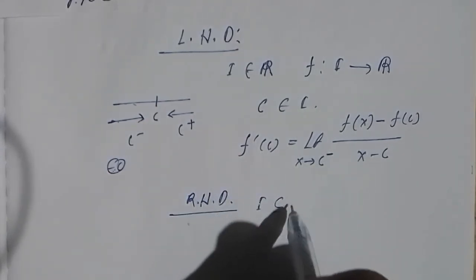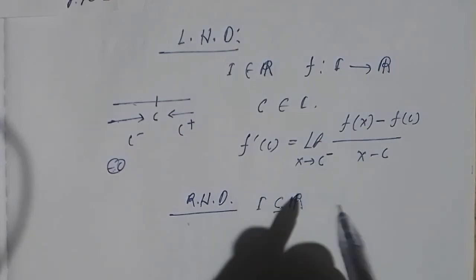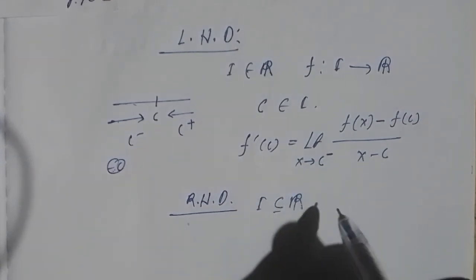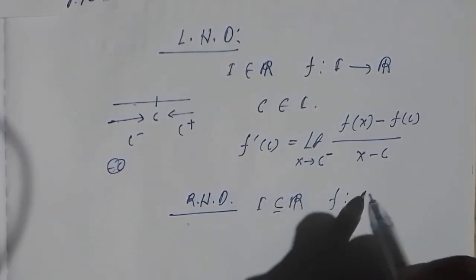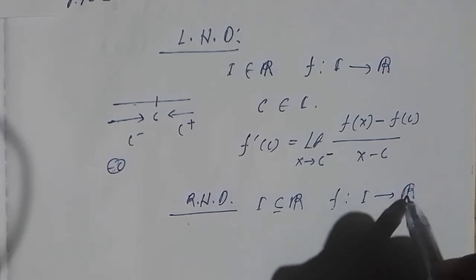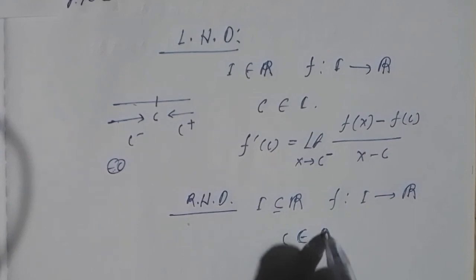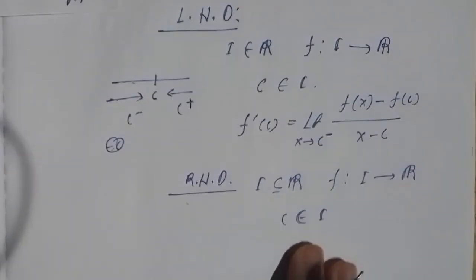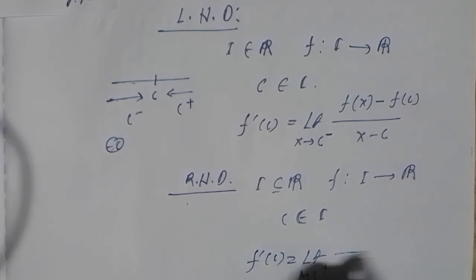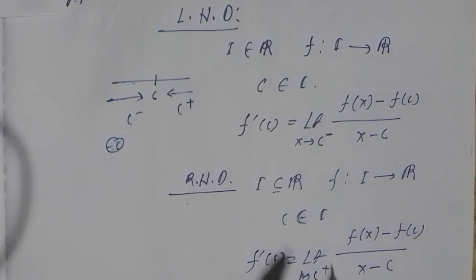If I is a subset of R and c is a point in I, then f'(c) equals the limit as x tends to c positive of (f(x) minus f(c)) divided by (x minus c).